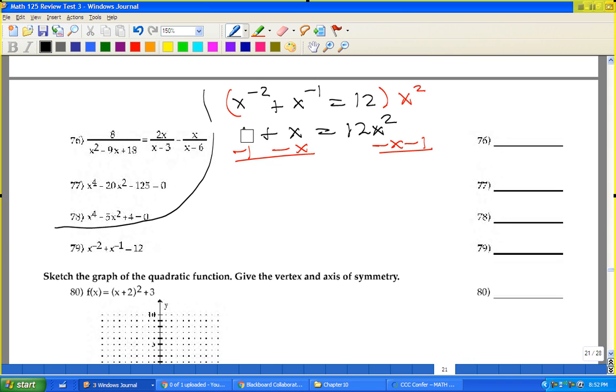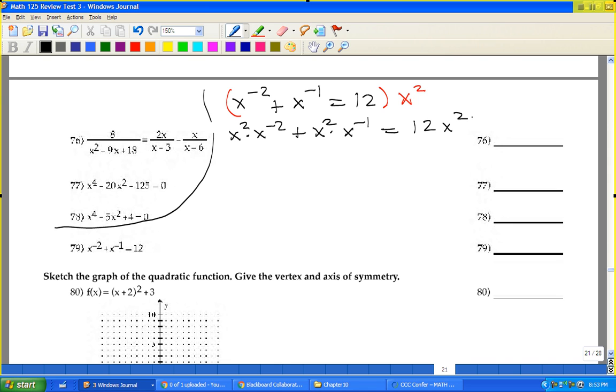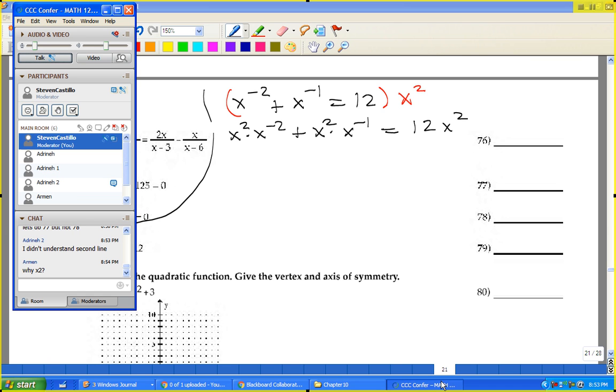So I have here x squared times x to the negative 2 plus x squared times x to the negative 1 equals 12x squared. Just multiplying every term by x squared. Well, if you have the same base, you add exponents. 2 minus 2 is 0. So x to the 0 is just 1.